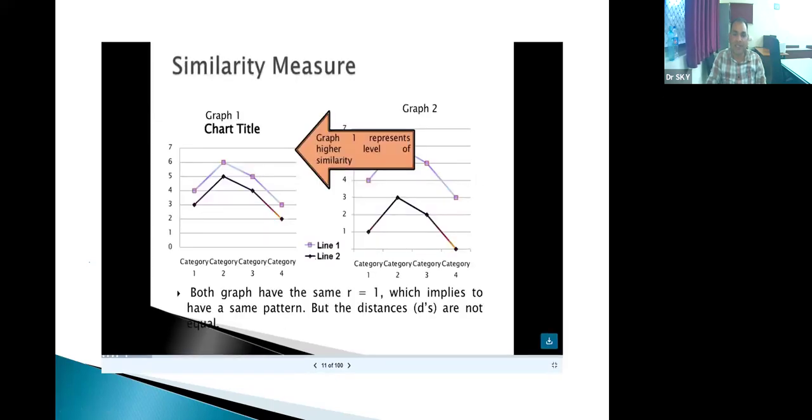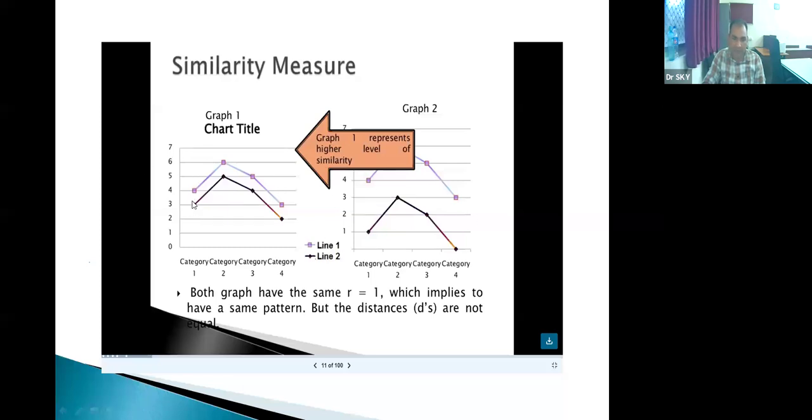See, this figure is telling a lot. Why do we use the distance measure in cluster analysis, and why don't we use correlation? See here, the two graphs, graph 1 and graph 2. There are 4 points and we have the pattern. Similar patterns are there.